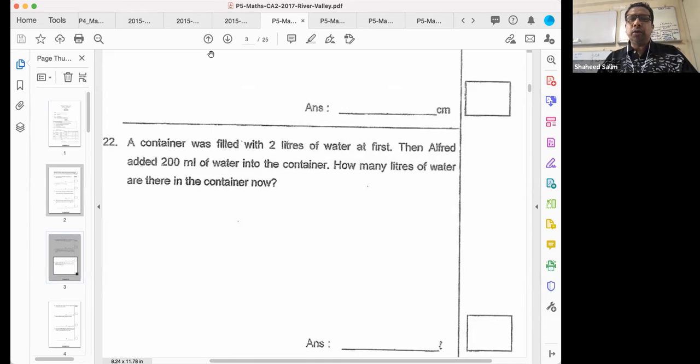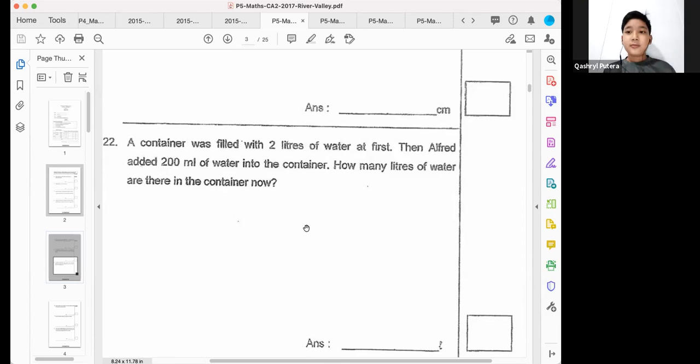Okay, but they want you to put it only in liters. That means you have to use a decimal here. Only in liters. So how do you do that?